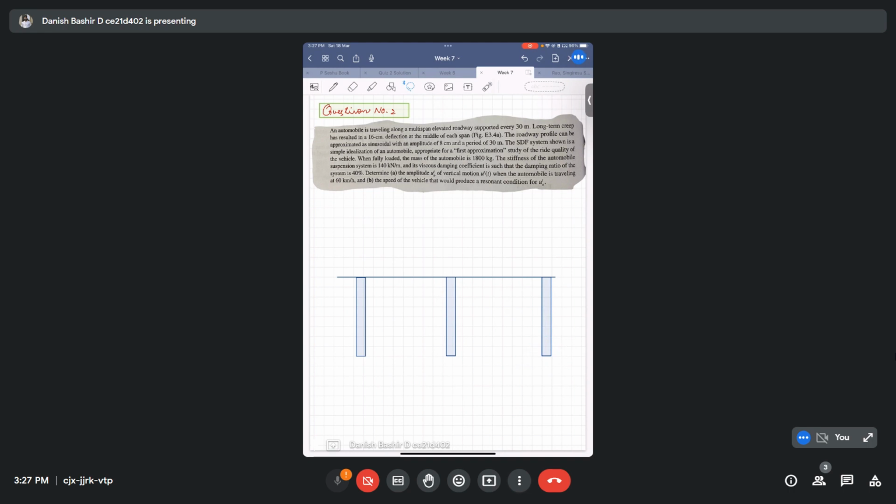It's being supported on these piers, and these are separated by a distance of 30 meters.